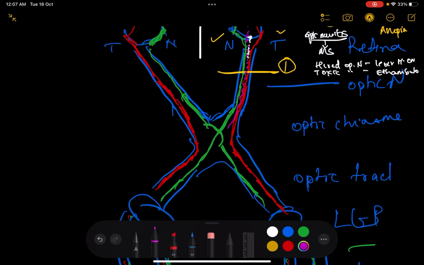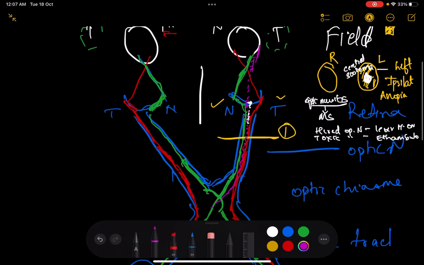Either they crisscross or they travel as a temporal fiber itself. So let me say that here there is a temporal fiber, which does not crisscross, obviously.